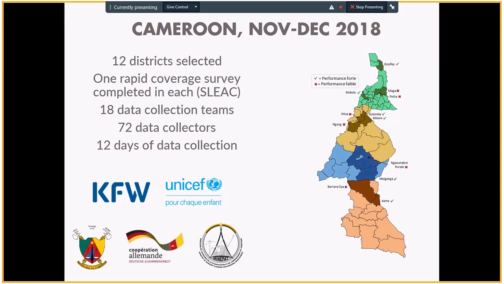And they then collect data from each of the carers that they meet. They did this across something like 180 villages in total, across the 12 areas, and collected lots of data.